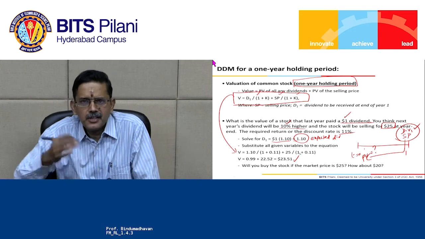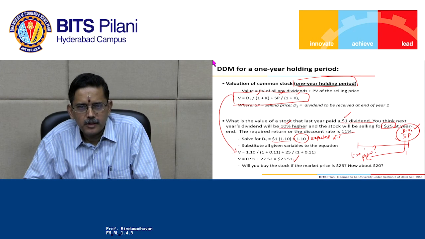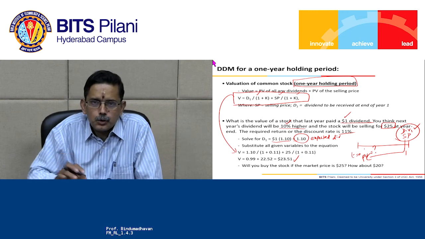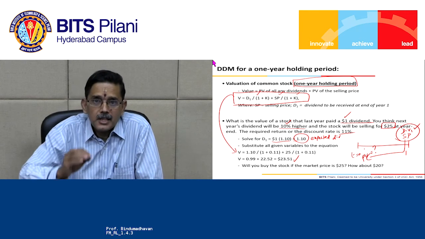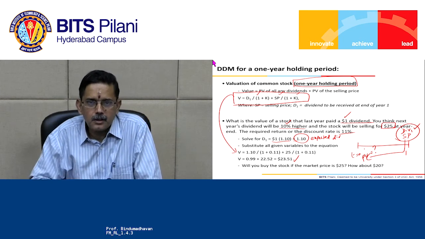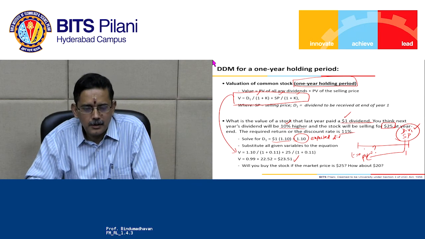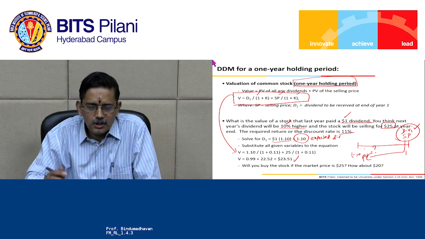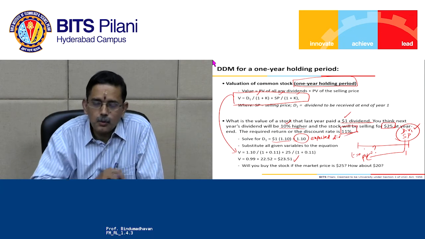This is a very simple application of time value of money, okay, where we have made a number of assumptions. We are assuming that we can sell it for $25. We are assuming that the dividends will grow at 10%, and knowing the last year dividend, we can forecast the next year dividend at 1.10. And given all this, all we do is discount it at the rate which also is given to us.